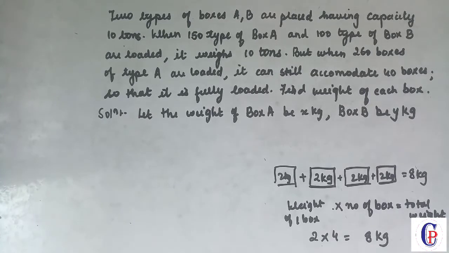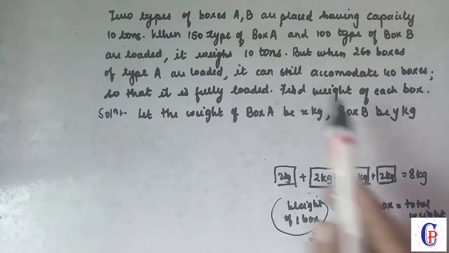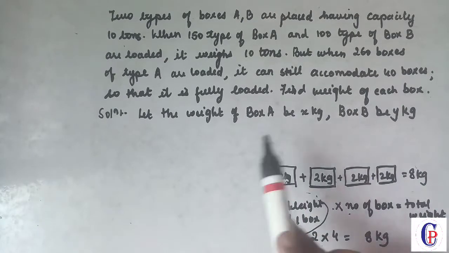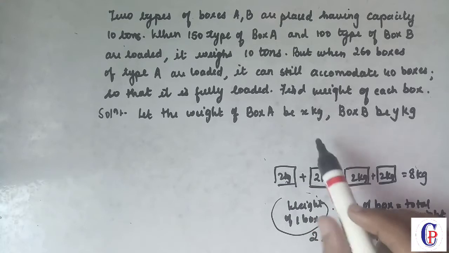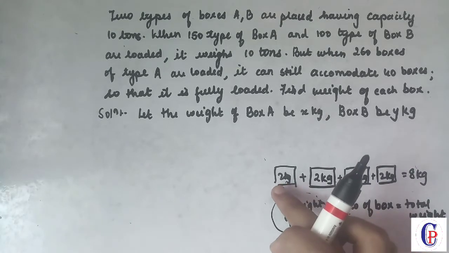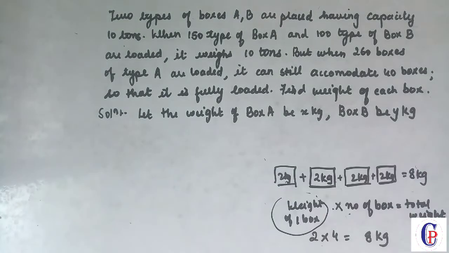Here we know the weight of one box, 2 kg. We also know the number of boxes, 4 boxes. So we easily got the answer as 8. But in this question we don't know the weight of one box. So here in place of 2 kg we are taking x kg, because we don't know the weight of box A.